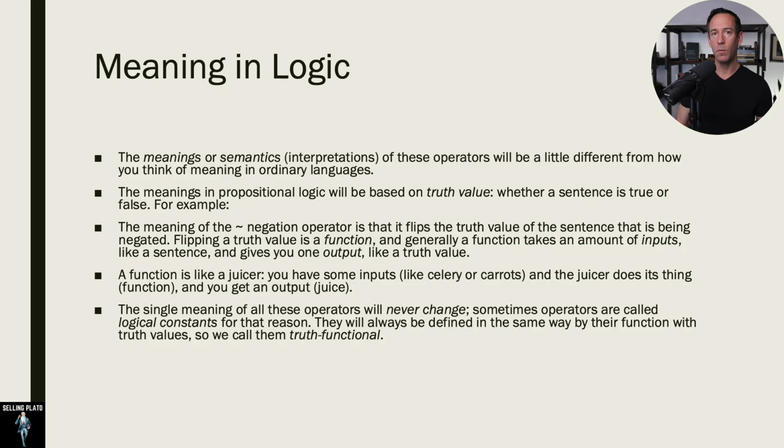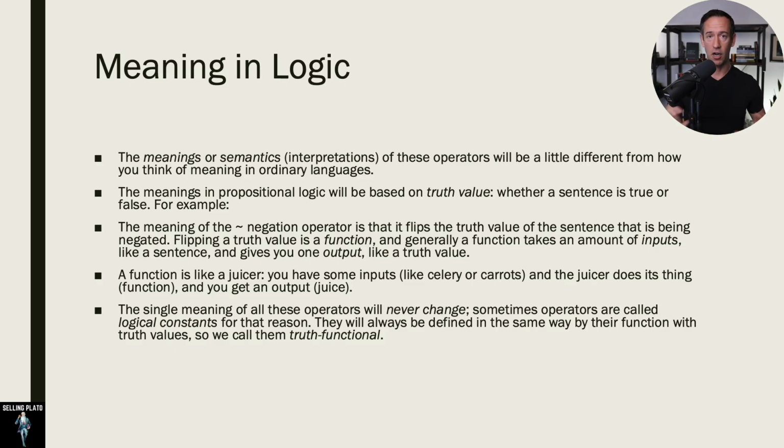So the single meaning of all these operators is never going to change. The AND operator has one and only one meaning, and that meaning will never change. For the OR operator, we'll see all this coming up, it's going to have one meaning, and that meaning will never change. Sometimes operators are called logical constants for that reason.